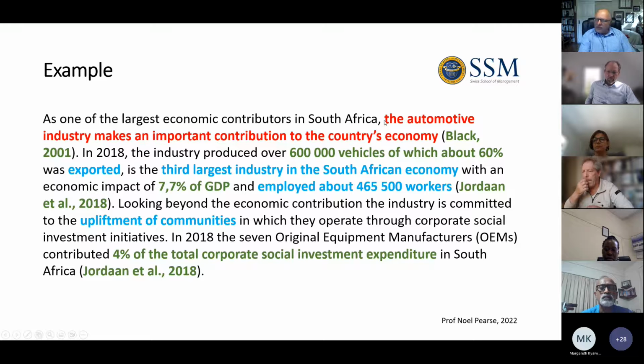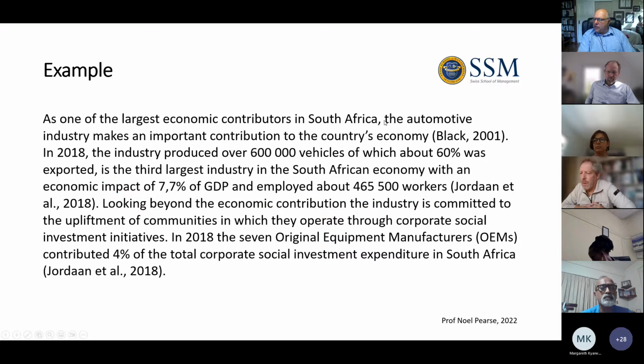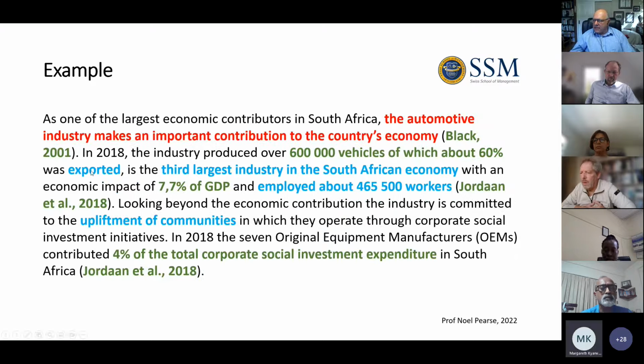You can see here in the different colors, the elaboration of the claims is basically these words in blue. The claim is made that the automotive industry makes an important contribution, and it is substantiated by the fact that there are exports, it's the third largest industry, it employs many people, and it also uplifts communities.